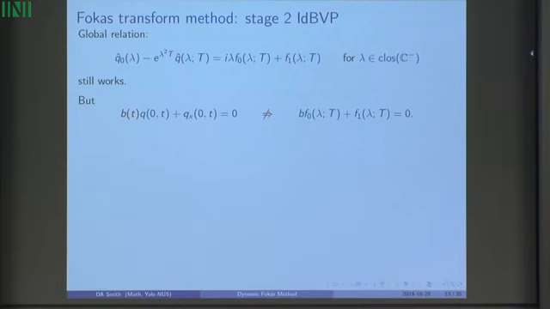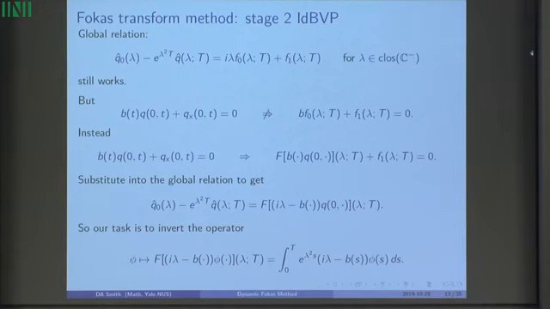Global relation is still fine, but then our other equation came from the boundary condition, the Robin boundary condition. But now if we try to apply that transform, we can't take the b outside our transform anymore because b depends on the variable that we're integrating. So this is just false.